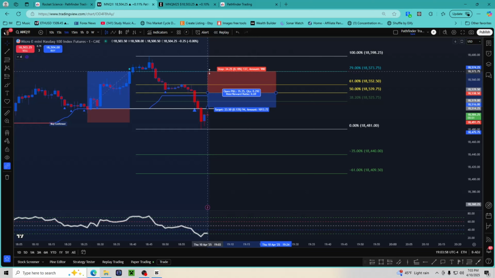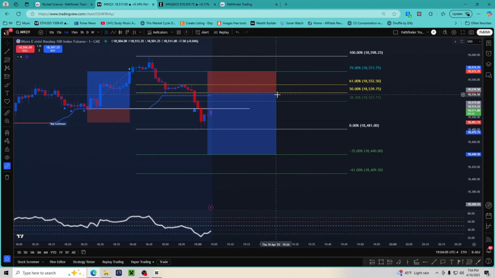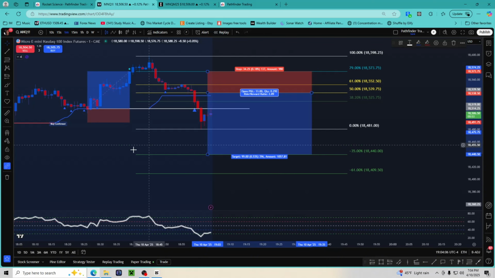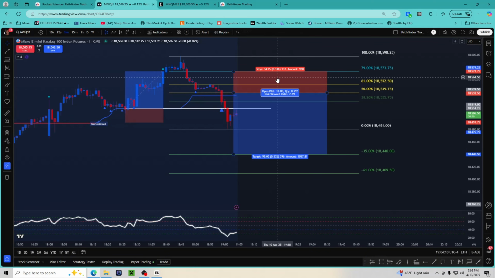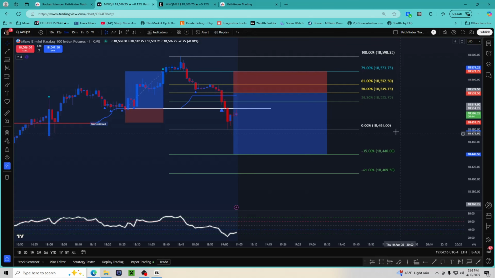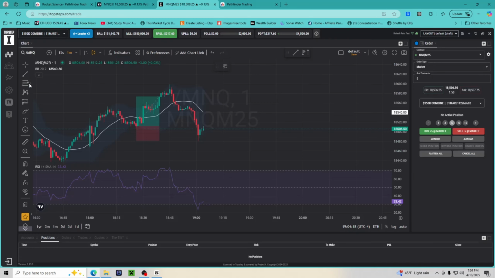You'd put a stop at the 79% level, and you would look to get to at least the 35% on this trade. So this would be quite a decent little trade there, as you're risking 34 ticks.